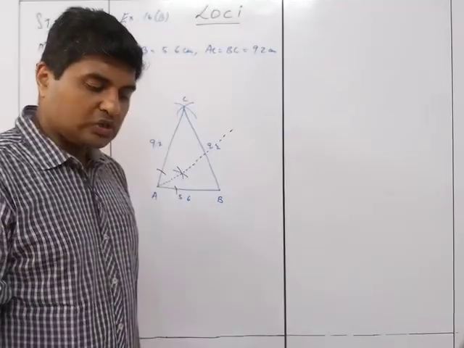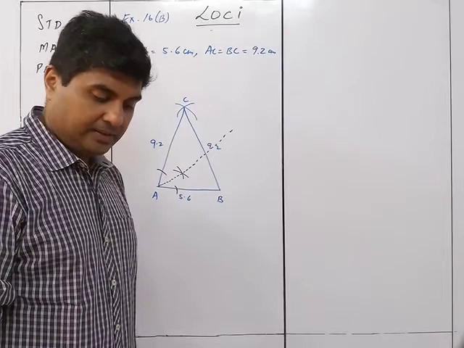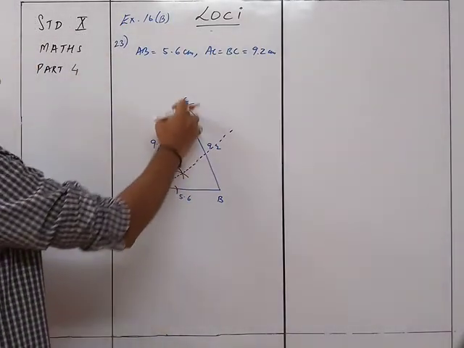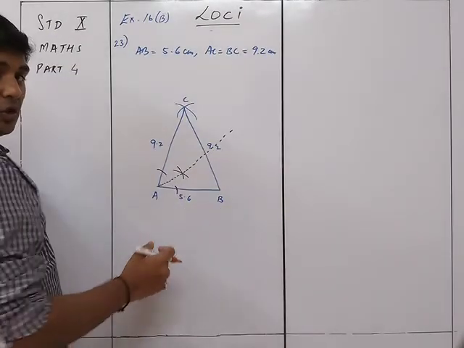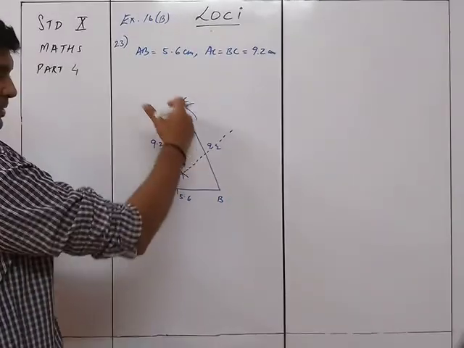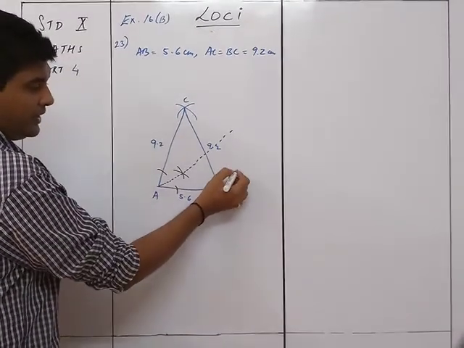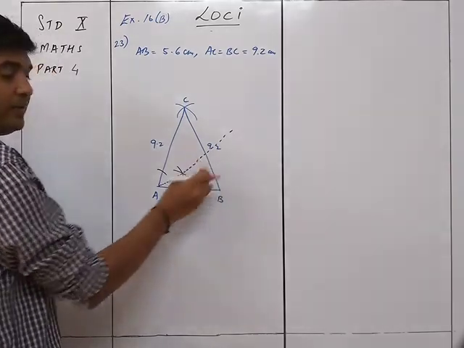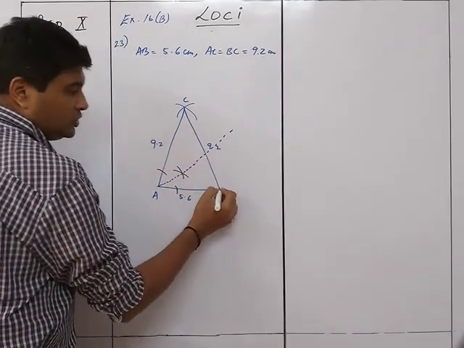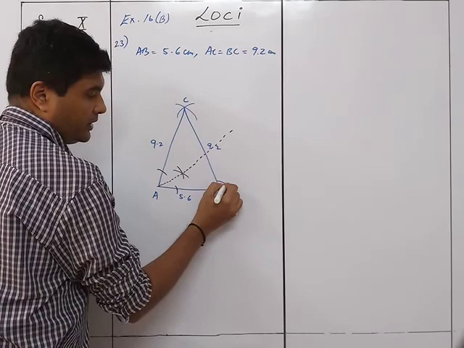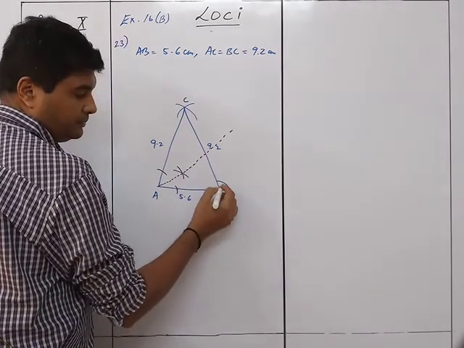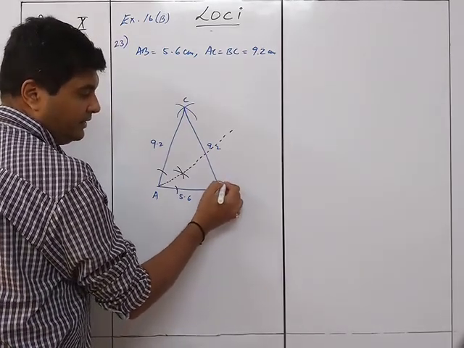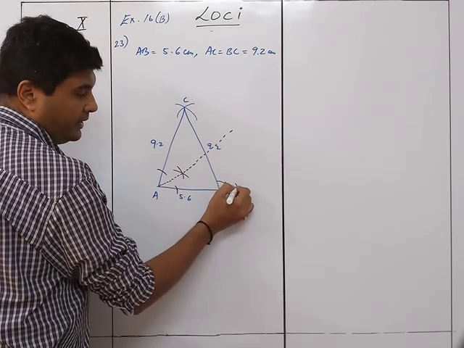The next is also 2 centimeters from BC. Now 2 centimeters from BC means again you will be drawing two parallel lines to BC. Let me draw it now using the perpendicular method. I will take over here the 90 degree, 60, 120 and 90.